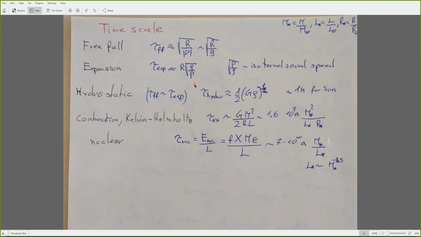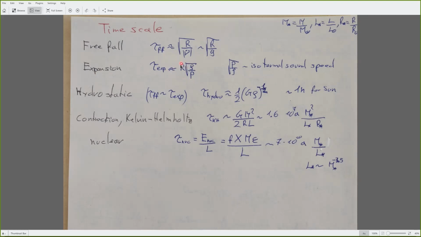Or you arrive at a moment when you don't produce a lot of energy with nuclear reactions, so the luminosity is turned down and the pressure turns down. So suddenly the pressure disappears and you have the free fall. If in the other case the pressure increases too much, you have expansion.